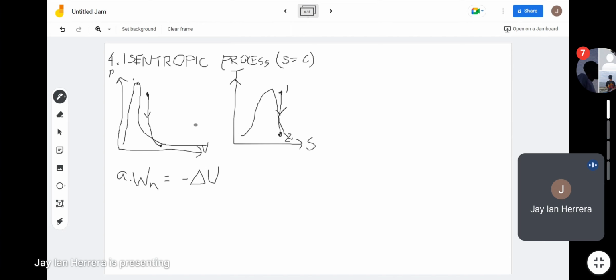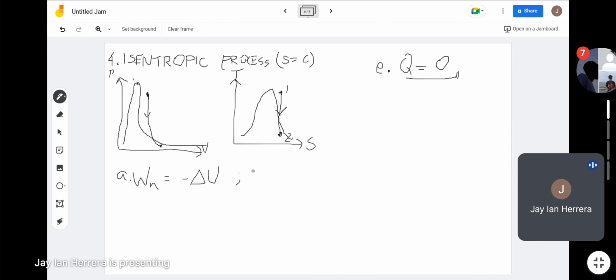Walang heat na nagpe-penetrate, wala ding heat na nare-reject. Therefore, our heat is 0. Diba? Parang sa air, isentropic sa air processes, heat is 0. So, kaya natin nakuha yung work done flow na negative delta U lang kasi wala tayong heat.